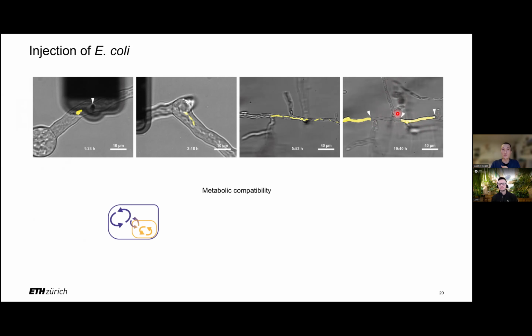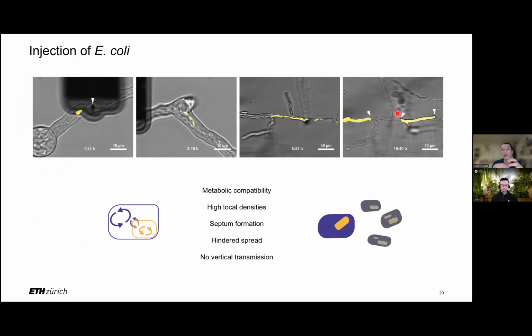And that meant that when we checked for spores with E. coli inside of them, we couldn't find them. There wasn't a vertical transmission because they were confined too early. These areas that had the bacteria weren't viable anymore. So there was a counter-selection against this endosymbiosis before it could even get to the stage of vertical transmission.